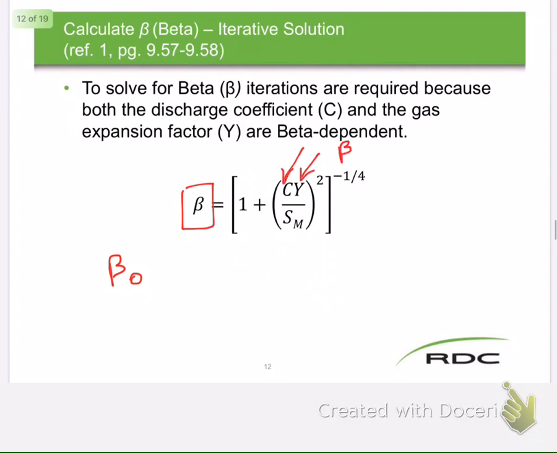So when we do our first estimate, calculate our beta value, calculate this, these values are going to go back and change because we bring this back around here, plug them in, and the C and Y values, discharge coefficient and expansion factor, are going to change, and they're going to change our beta. So we have to do this iteration to get a very precise value of what our beta should be here.